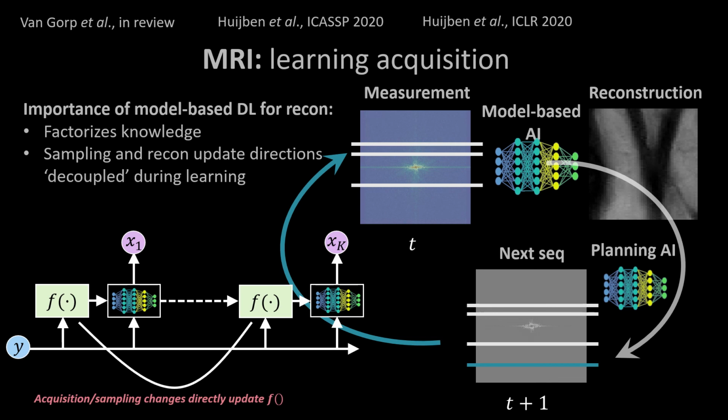So this function f, which is fixed here in this case, has all the acquisition sampling changes baked into it, so it's directly updated, and hence the neural network is just a very strong de-aliasing neural network that is generic for many different sets of lines. So in that way, by decoupling them during training and factorizing that knowledge, they can be more trivially jointly optimized. So let's look at some results here.